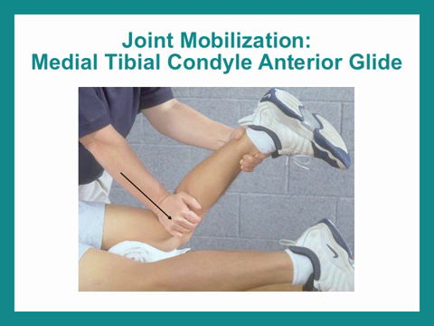Medial tibial anterior glide, working on some external rotation, at that end range. When somebody goes into full extension, they'll go into a little bit of tibial external rotation, the screw home mechanism. So sometimes we'll do an anterior medial tibial glide too.